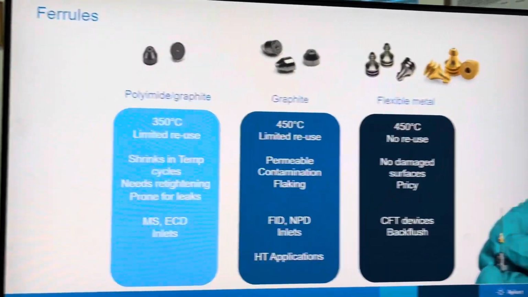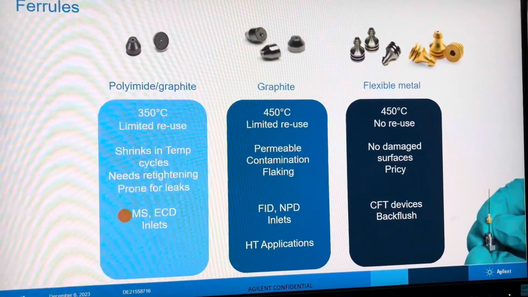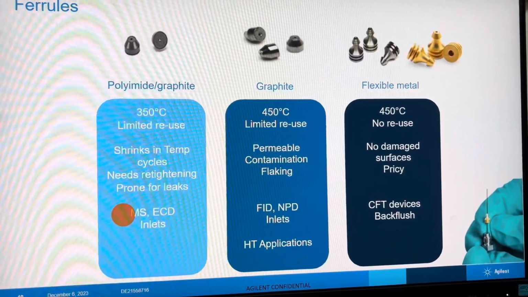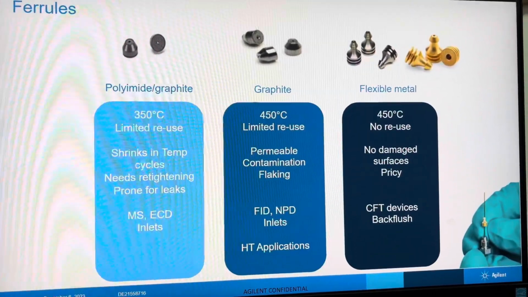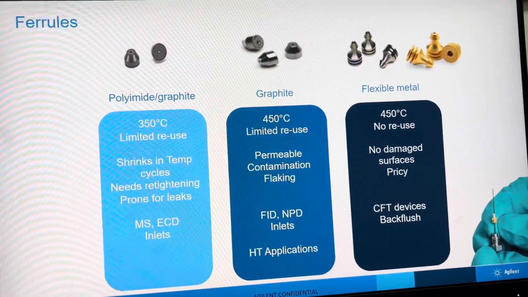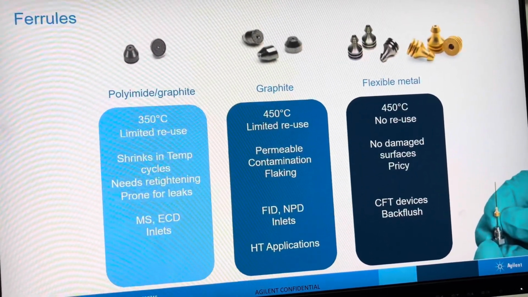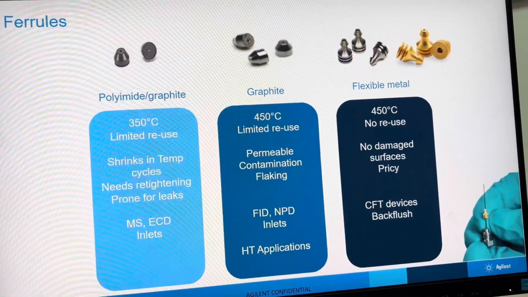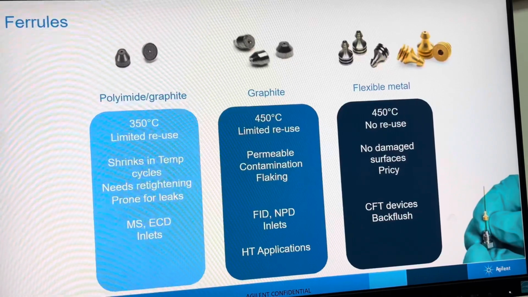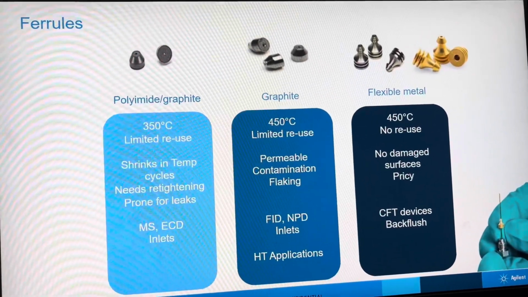And there are metal ferrules which are used for capillary flow technologies and backflush devices, where we connect, let's say, a backflush device in between: one 15 meter column, and another 15 meters towards the detector side. In between, we connect the device.